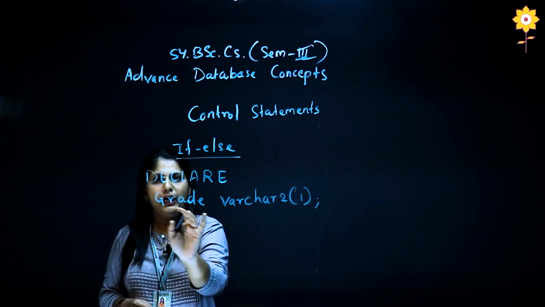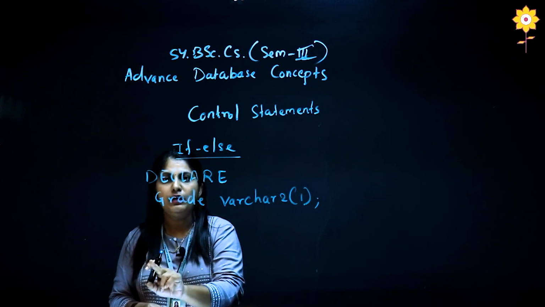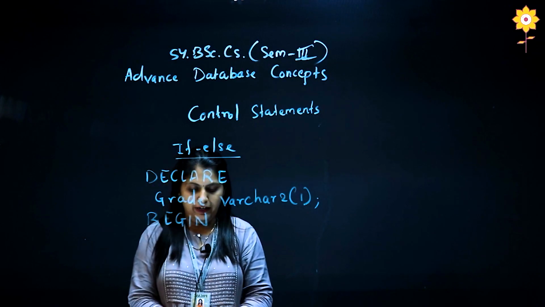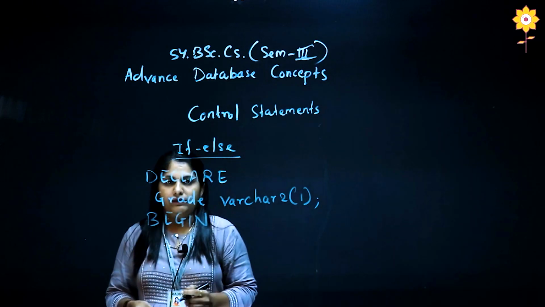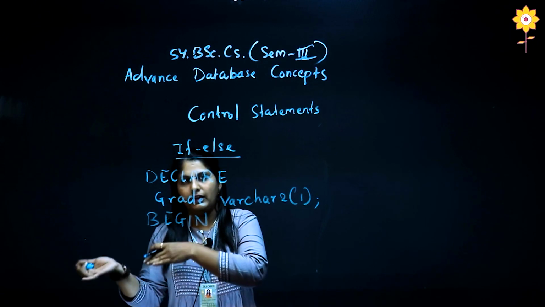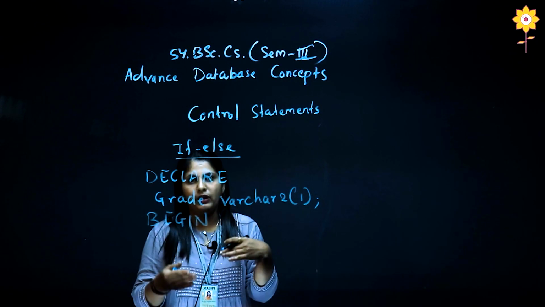Now we can initialize a variable in the declaration section, as well as in the main block, that is the begin block. Here we are going to find out what grade the students can get. It can be excellent, or very good, poor, or anything.